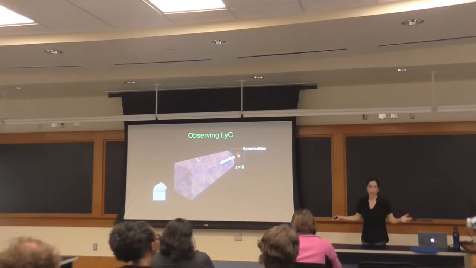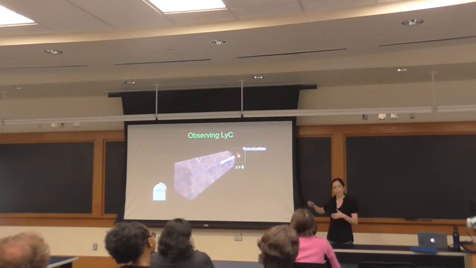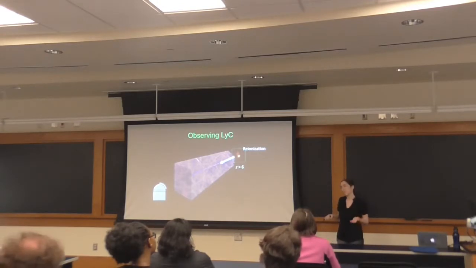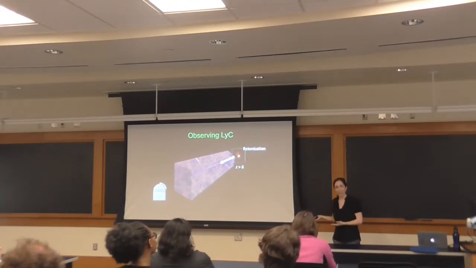Just look at the galaxy population, which ones are leaking Lyman continuum. But unfortunately, the IGM gets in the way. There's just too much material going back to those great distances that no Lyman continuum photons are ever going to reach us. And so this is a real problem if James Webb's main goal is to study reionization, or one of its main goals, in that we can't actually observe the photons that we need to identify those types of galaxies.